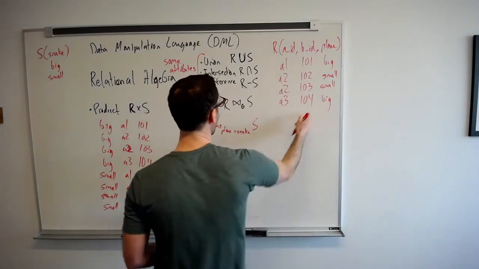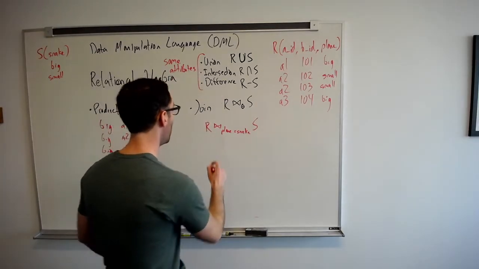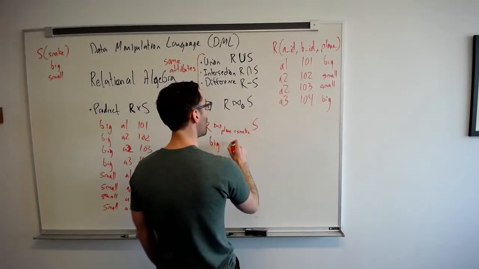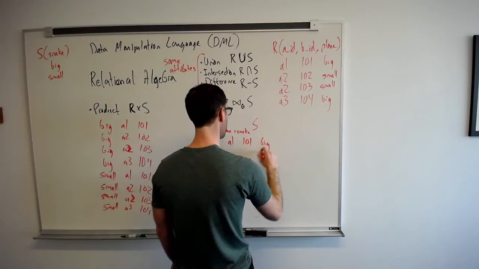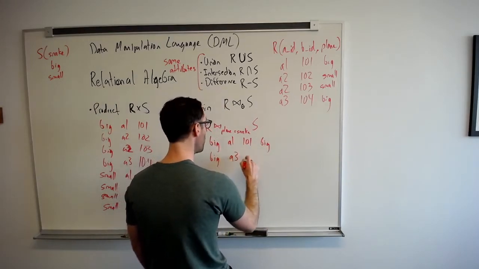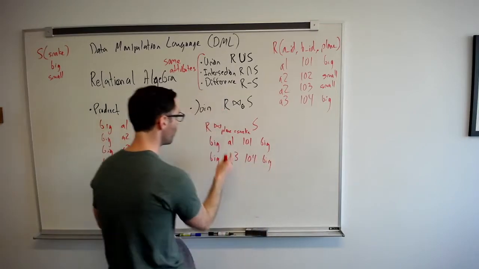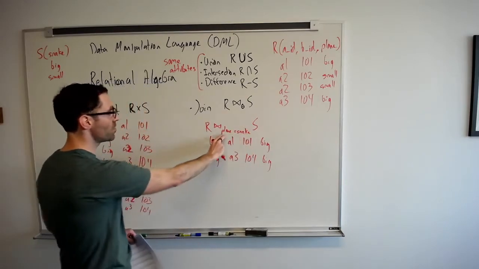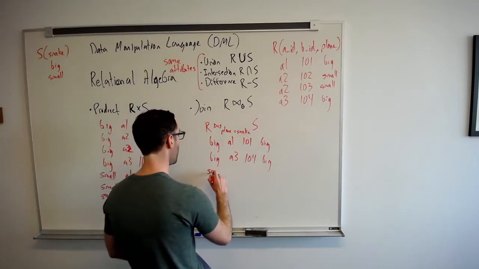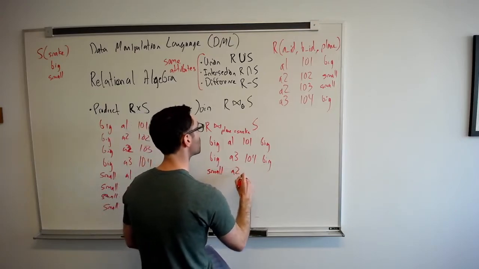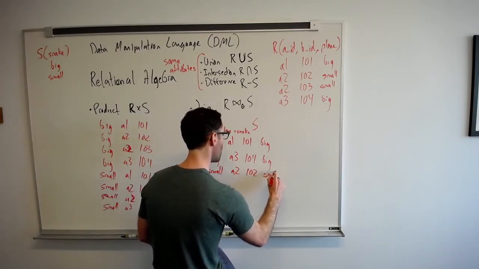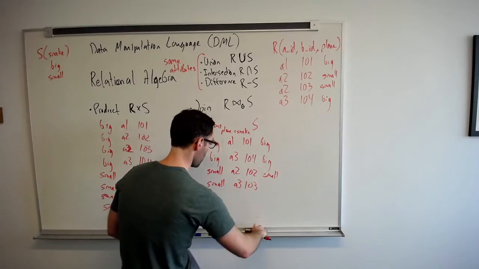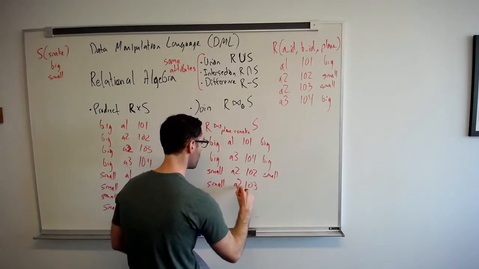And so now that I've added this plane attribute here, we get big followed by a 1, 101, big, and big, a 3, 104, big, right, where the tuples of this product where these two attributes are equal, and then the ones where small matches up.